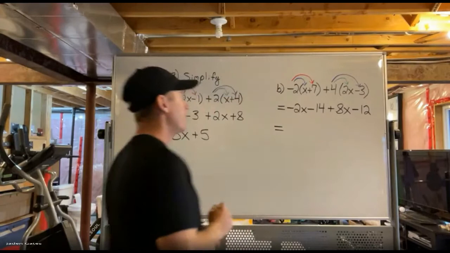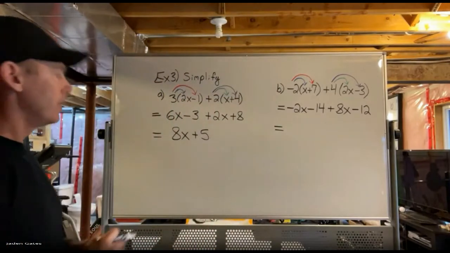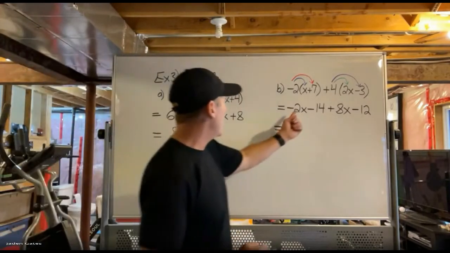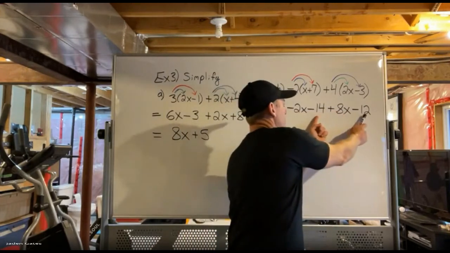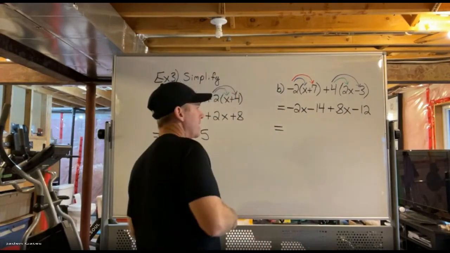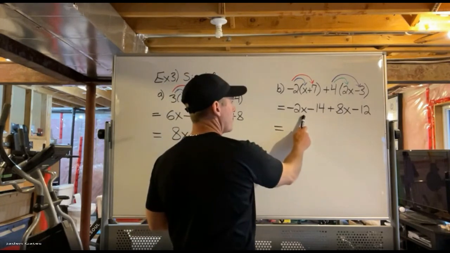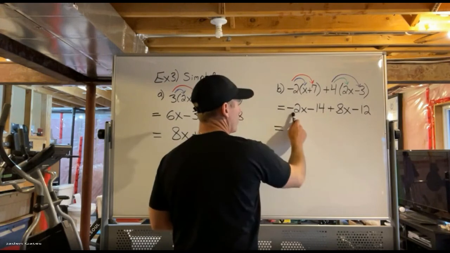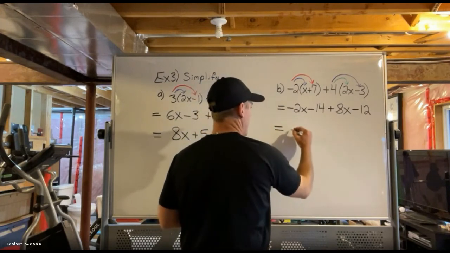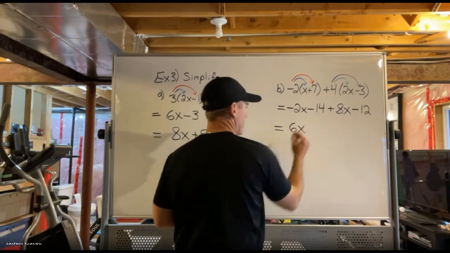All right, but once again, we have like terms. I have my x's, they're like terms, and then I have my numbers, they're like terms. And so my x's, let's see, I have a -2x and a +8x. Well, I have 8 of something, and then I lose 2, I'm down to 6. So I would have 6 x's.